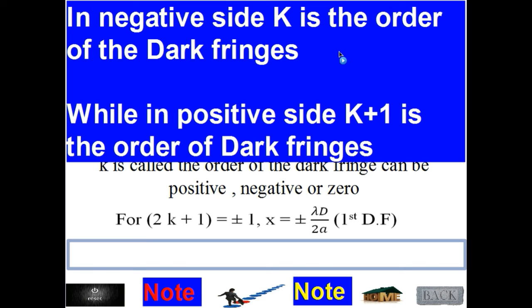K equal minus 2, it's the second order dark fringe in the negative side. While in the positive side, k plus 1 is the order of the dark fringe. So for k equal 0, I will get the first order dark fringe. For k equal 2, I will get the third dark fringe in the positive side.